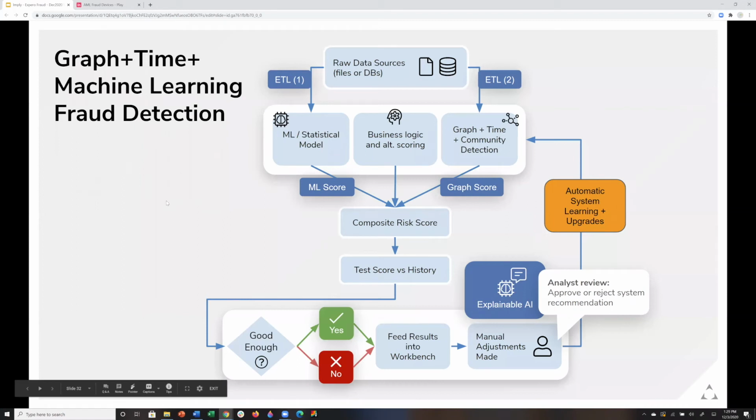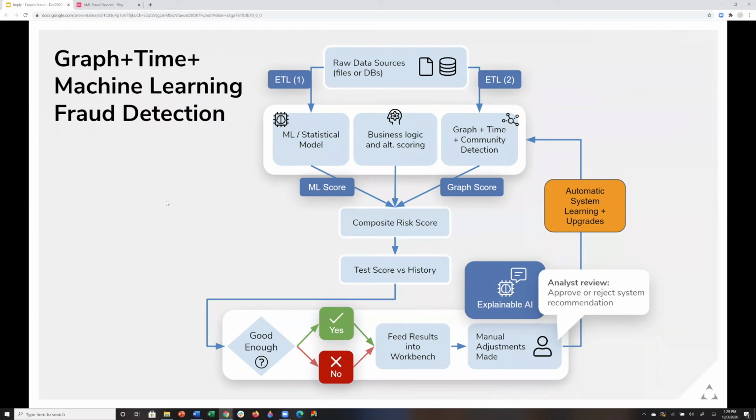So we've got these data sources that are coming in, feeding each one of the models, where we pull together a composite risk score. This risk score typically is done, we run it against some subset of your history, and then we realize whether or not we're close enough to get the results into the workbench, right?